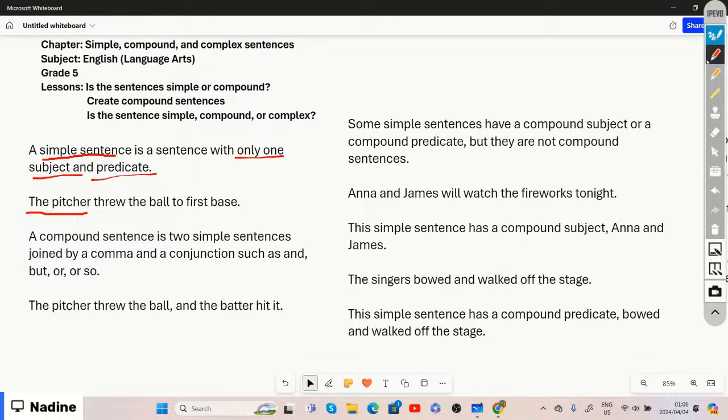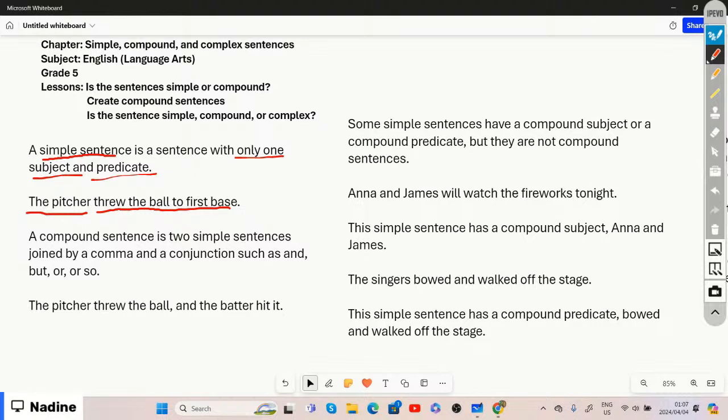And then we have our predicate, where we can either say it is just threw or we can say threw the ball to first base. And that we call a simple sentence. A simple sentence is a sentence with only a subject as well as a predicate.